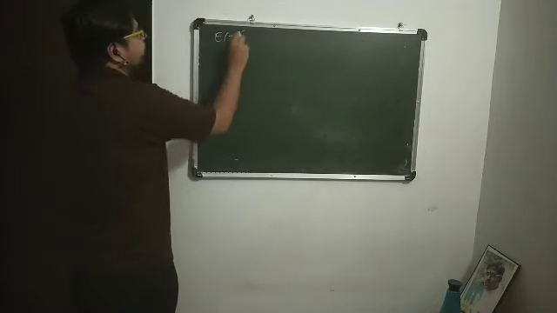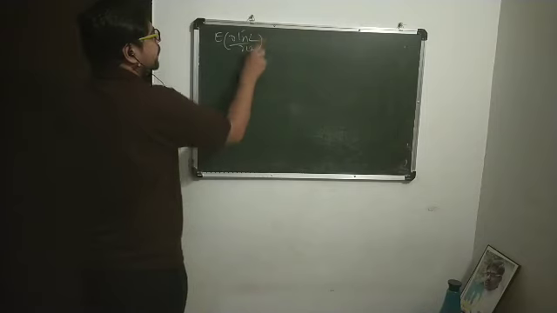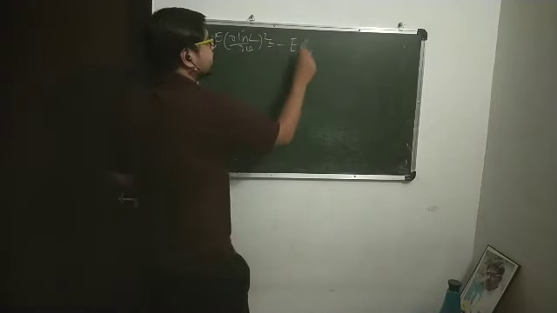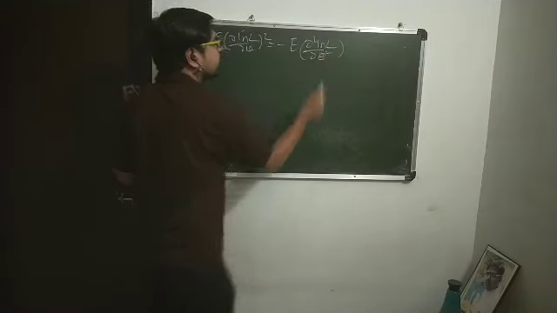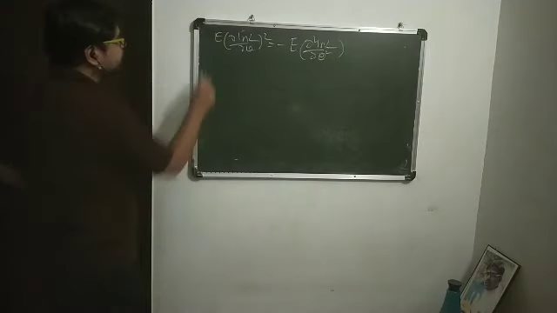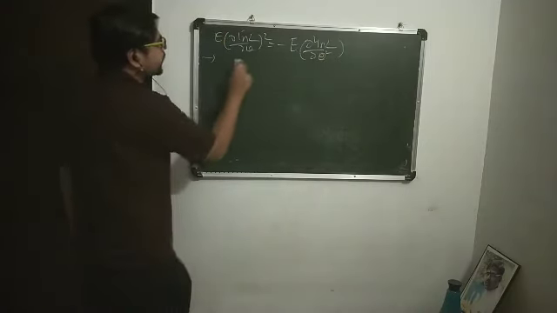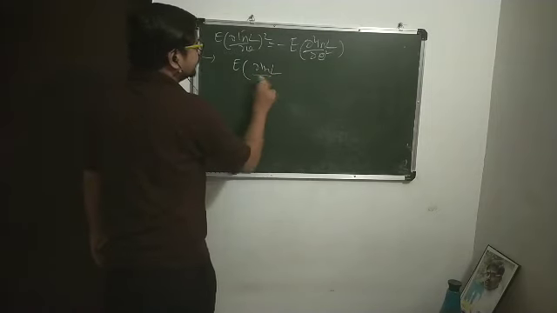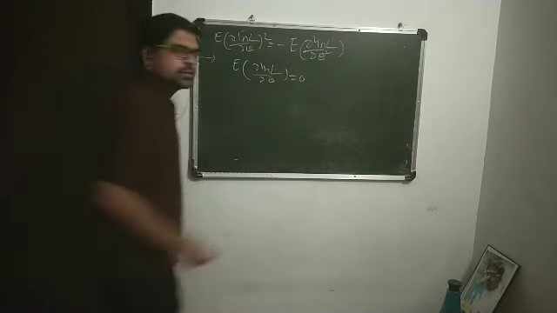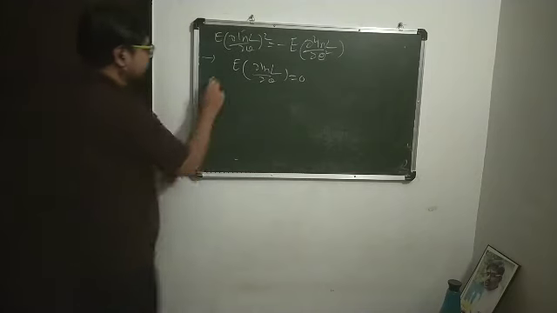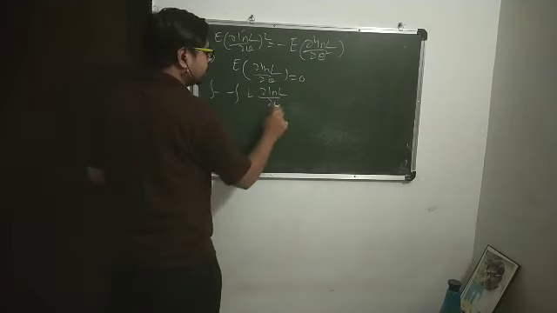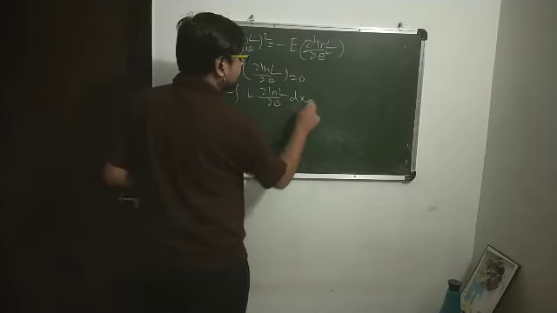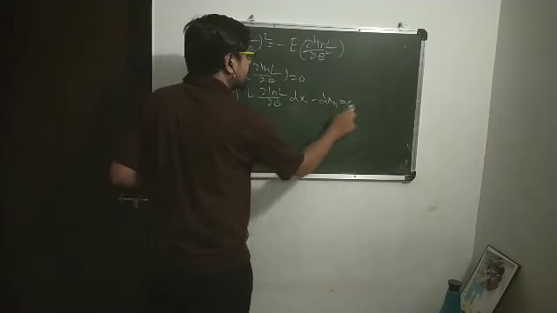Now we will prove that the expected value of (dou log L by dou theta) squared can be written as minus the expectation of dou 2 log L by dou theta square. To prove this, we will use the previous result. We know that the expected value of dou log L by dou theta is equal to 0. So that is, the integration of L into dou log L by dou theta dx1 ... dxn is equal to 0.